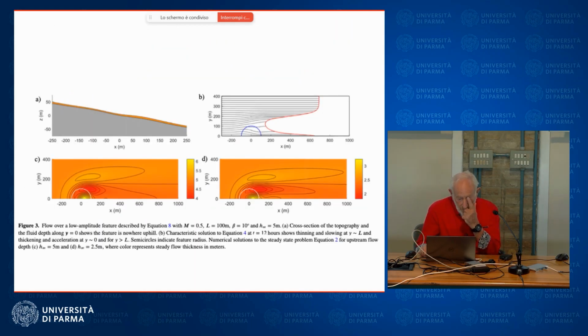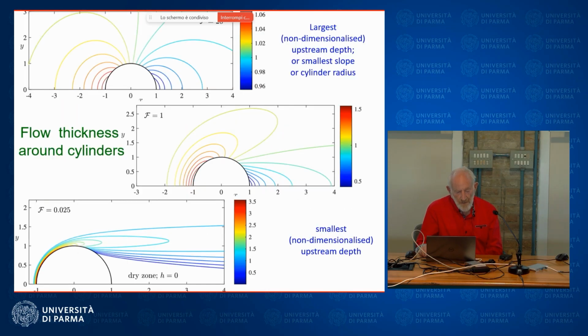This now shows you more or less a distribution. It's a relatively small topographic hill, and you see now how the lava gets stopped by the hill, but far off, of course, the hill doesn't affect it at all.